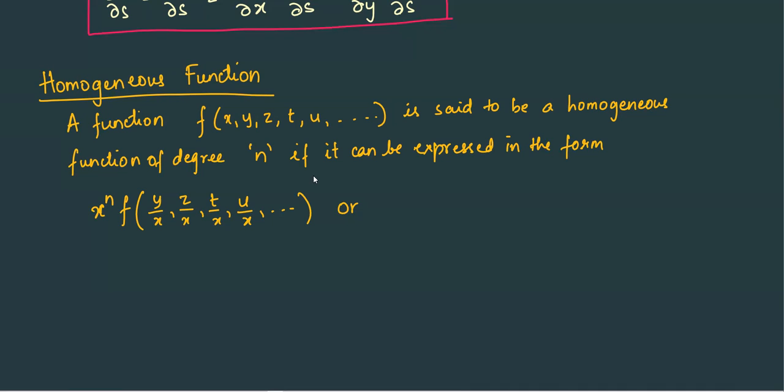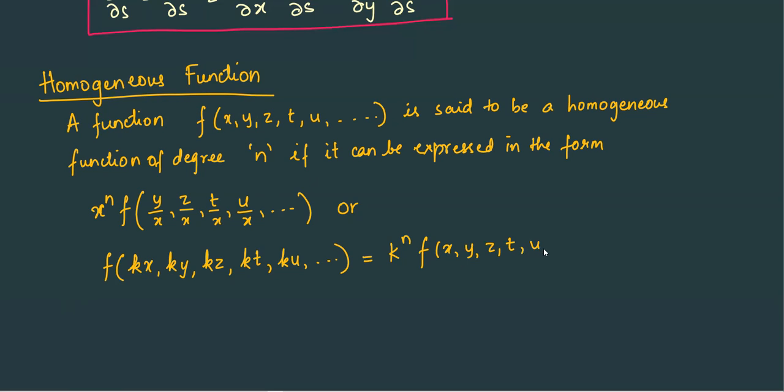Or if f of some scalar k times x, k times y, k times z, k times t, k times u, and so on, is equal to k power n times f of x comma y comma z comma t comma u.